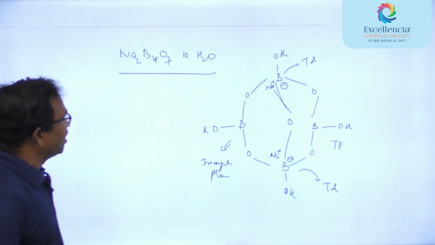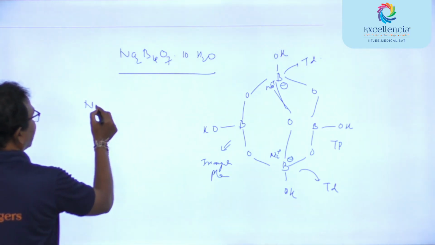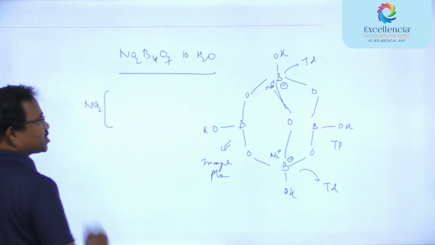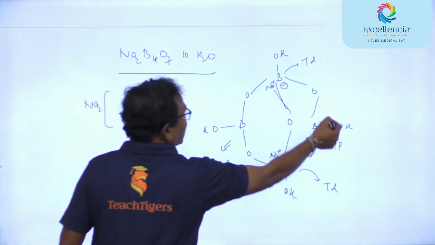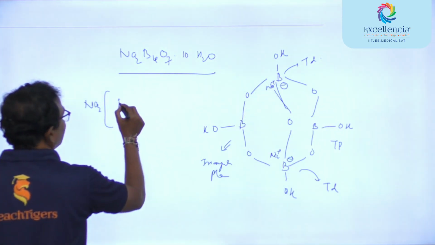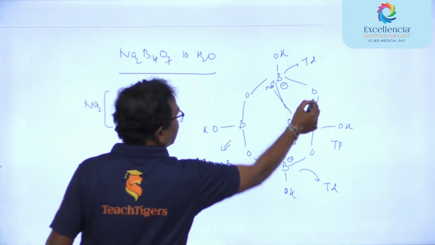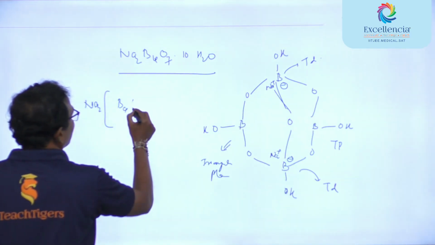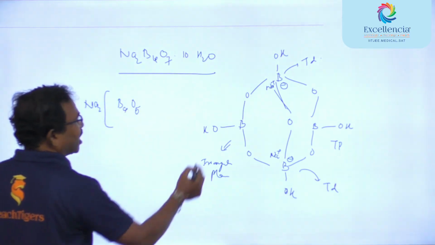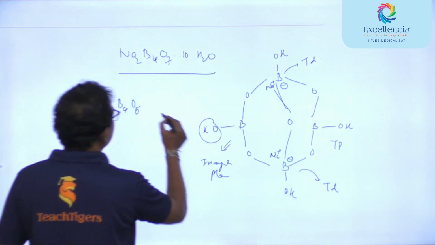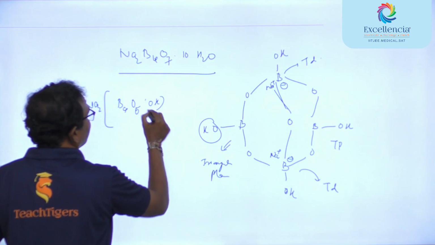Now count it. All you have is now Na2. Open this. How many borons do we have? 4 borons, let's say B4. How many are linked oxygens? 1, 2, 3, 4, 5. B4O5. Then what do we have? OH groups on each boron, so therefore OH4.